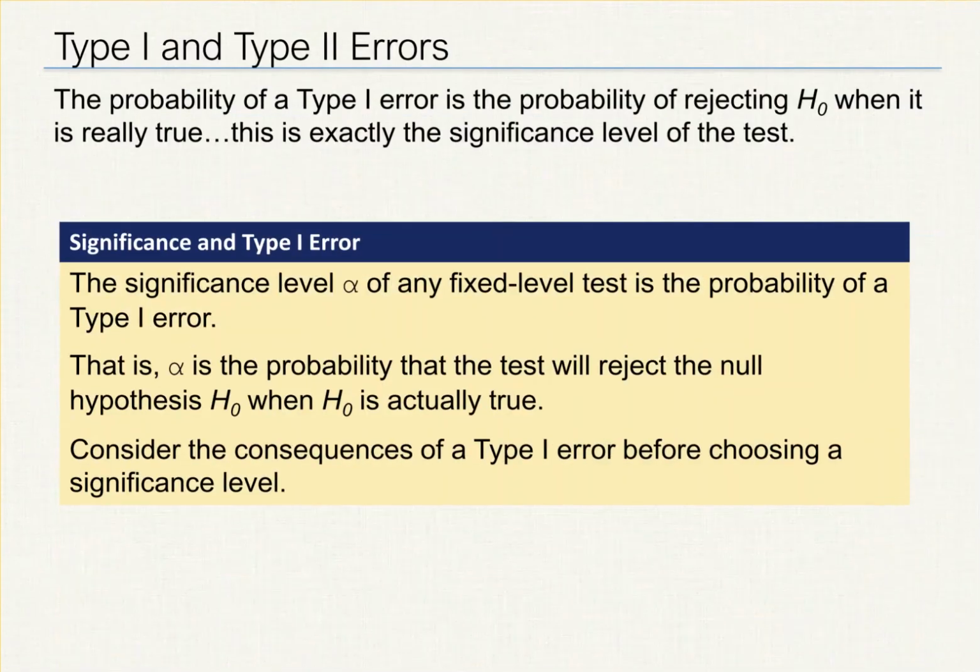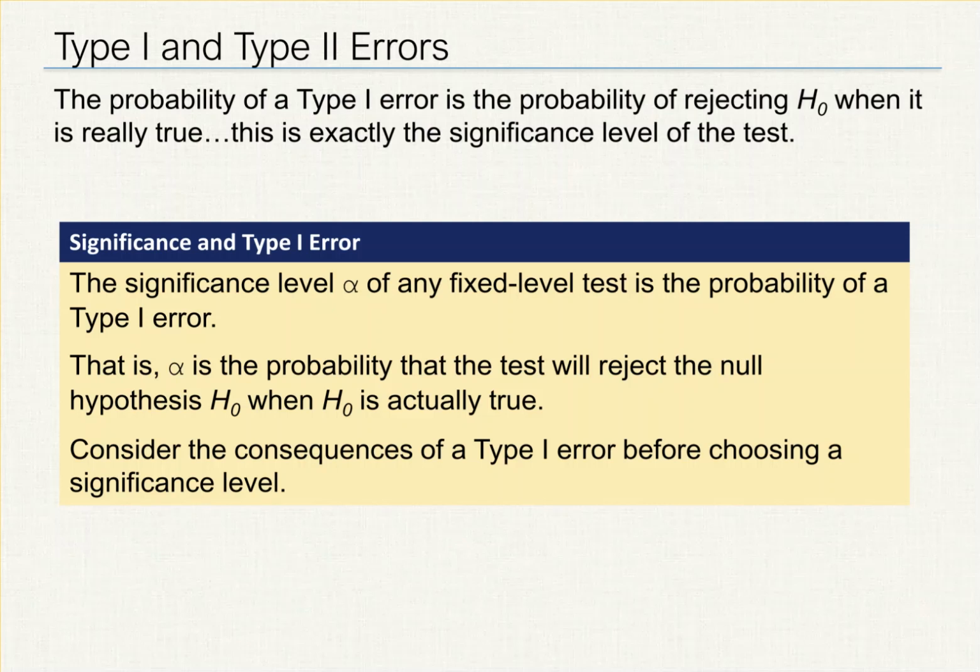So consider the consequences of a type 1 error before choosing a significance level. The reason I mentioned that is it depends on what scenario we're talking about. There are some cases, kind of similar to the tank problem, where it would be much better to overestimate the number of tanks than underestimate and go in and get crushed. Same type of thing. It depends on what we're talking about.